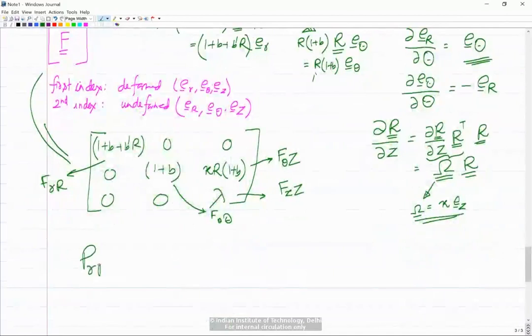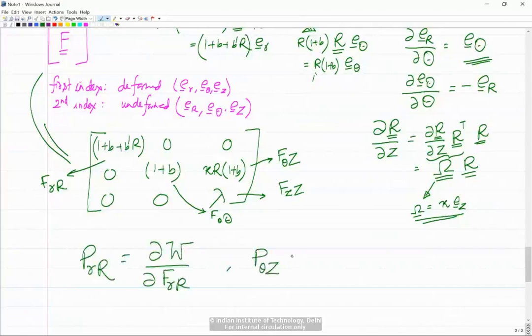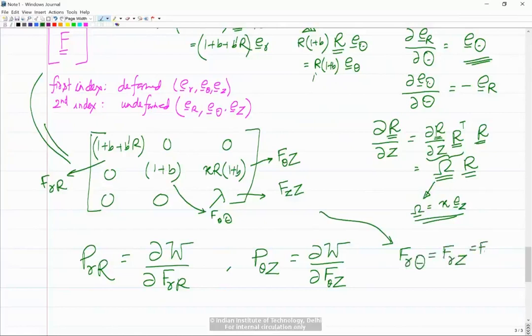And your P, for the P small r big R, will be del W over del big F small r big R. Similarly, P small theta big Z will be del W over del big F small theta big Z. What is to be noticed here is that big F small r big theta is equal to big F small r big Z is equal to big F small theta big R, and that's equal to big F small z big R is equal to big F small z big theta, and they are all 0.